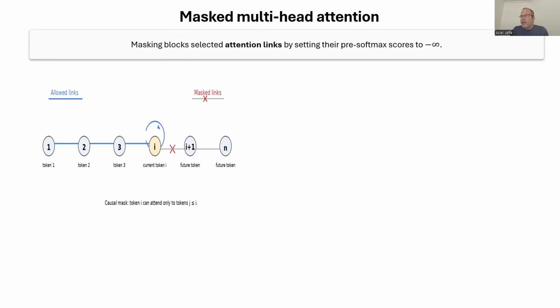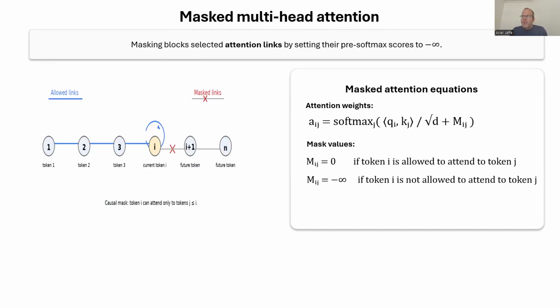And to that end, the input to the network during the training process is the full sentence, right? So each word is a token, but I would like the output to be dependent only on previous words, not on future words.